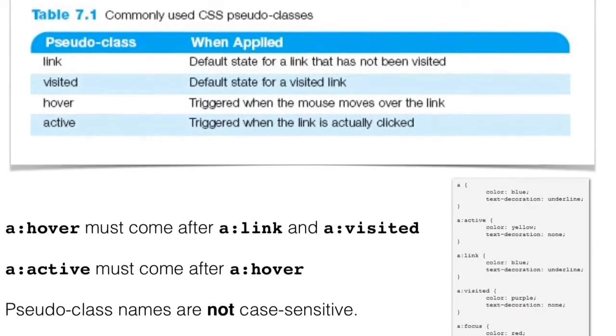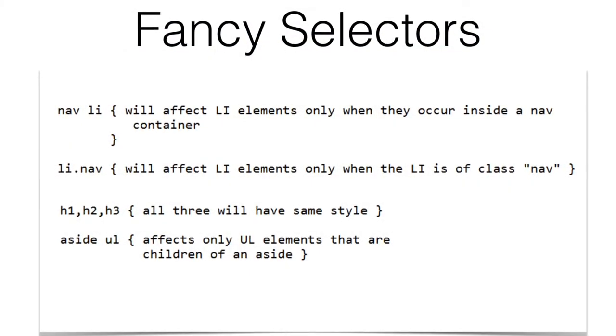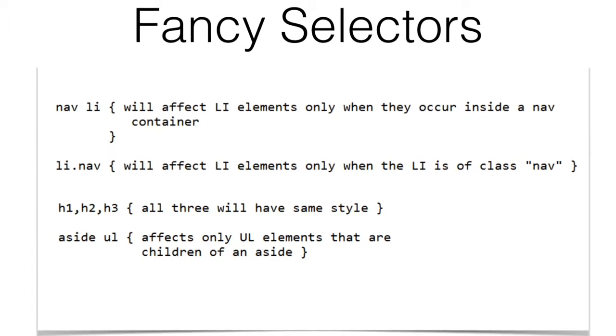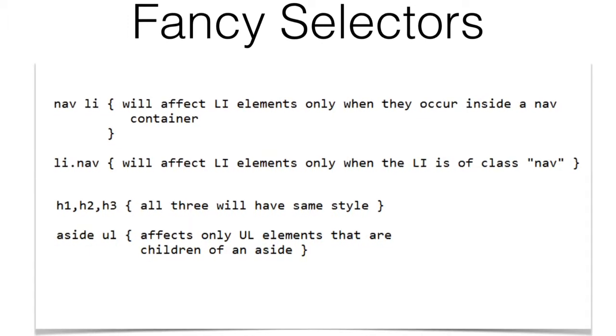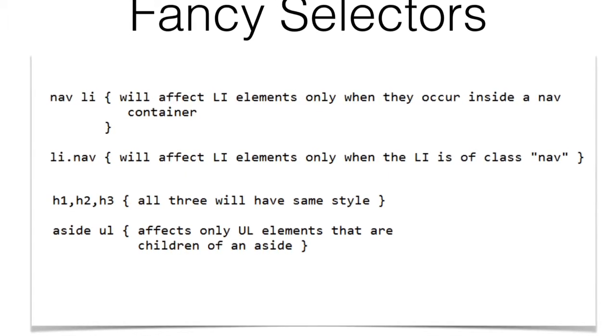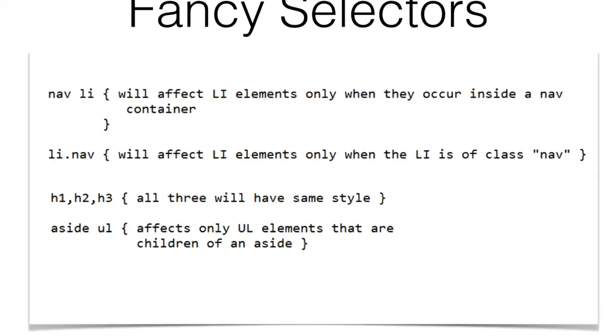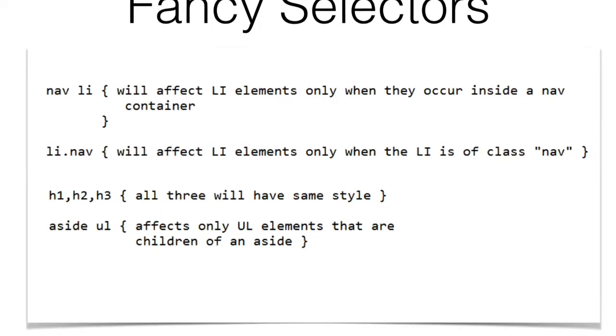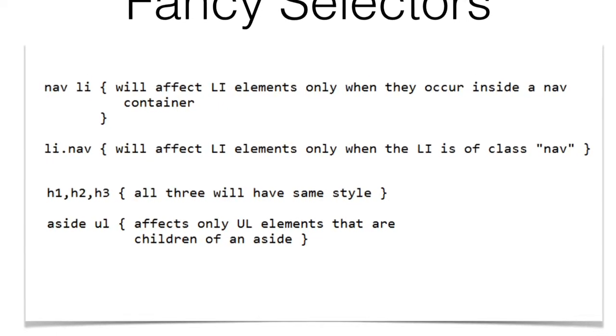You can be very specific with how your CSS rules should be applied. For example, if you only want your rule to apply to list items when they occur inside a nav container, then your selector will be nav space li.